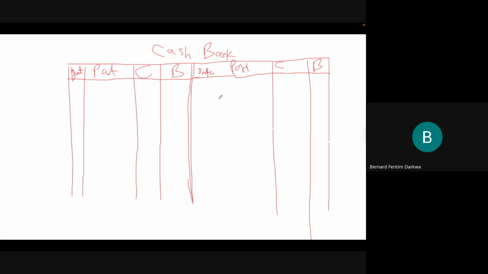So we have the credit side here, and we have the debit side here. Let's assume this is the date column. Let's assume that we have made recordings, so let me write figures here. I'm just writing them because I want to dwell on the balancing.